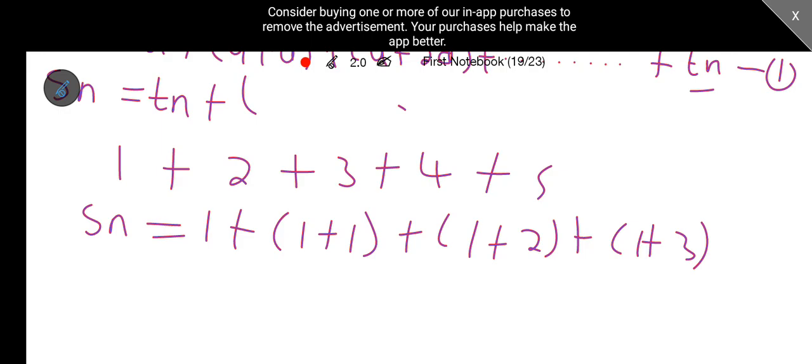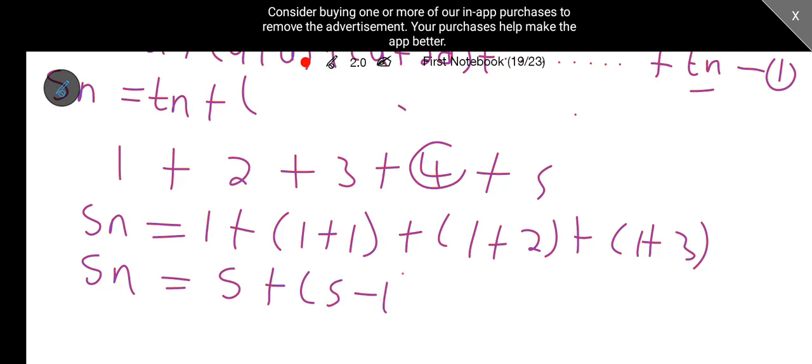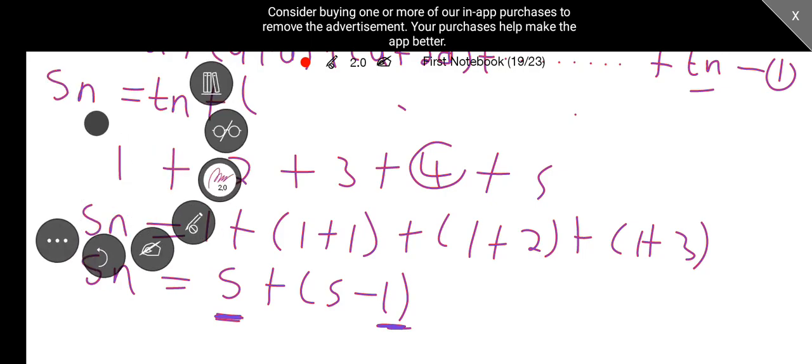If we are to start from the last, we are going to say that Sn is equal to, the first term will be 5. What is the second term? Second term is 4. What is 4 in terms of 5 and the difference? This will be 5 minus 1. This means this now becomes our first term. And now we are subtracting the difference from the first term. We are no longer adding the difference because we are going in reverse order. I hope you understand this.